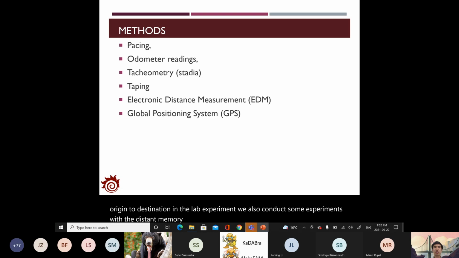Everyone will have a different value for each step, so the number of paces for one line will be different if it is counted by a different person. The second one is called the odometer reading, which is also the one that you conducted in the experiment. You use a wheel to measure the distance from one location to another.